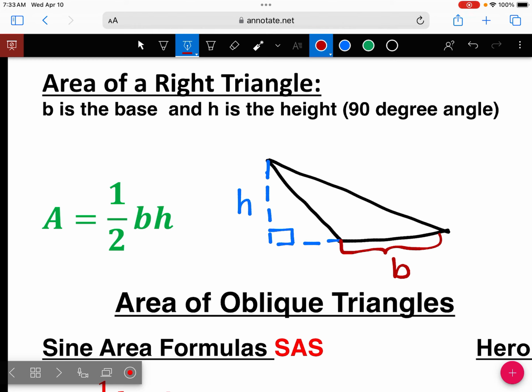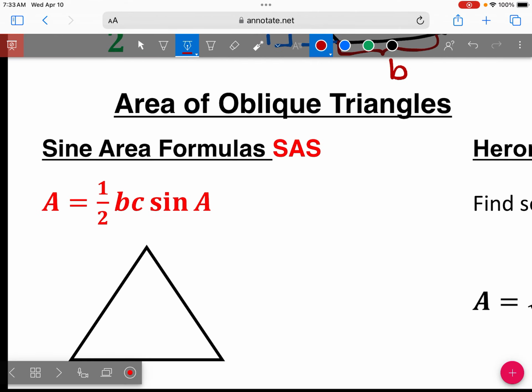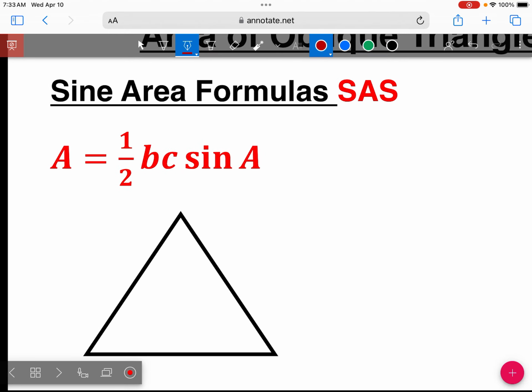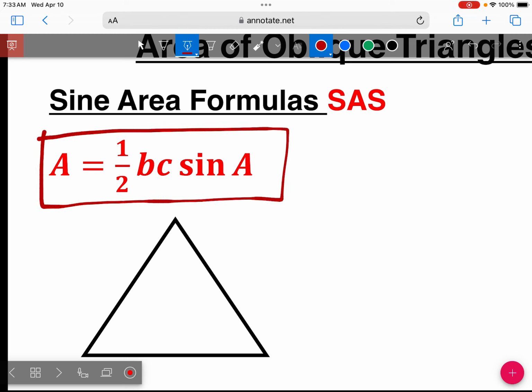Okay. The other formulas that we're going to learn, the first one is sine area. I'll give you a minute to copy that down. Where it says sine area formula, this is the formula. You need to memorize this formula. In order to use this formula, all you need to know is 2 sides and the angle in between.